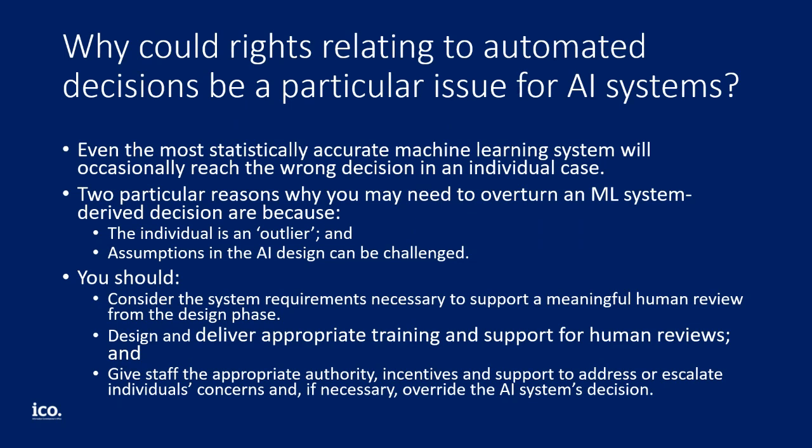So these kinds of things mean that you may, from time to time, need to respond to requests to change the outputs that are made from ML systems that are used for solely automated decisions. So you should consider, at the very beginning of the design phase, where you're envisioning how you're going to use an AI system, how you're going to be able to support meaningful human reviews. Think about how the interface is going to look to the decision subject, and how you're going to monitor requests that come in for reviews.